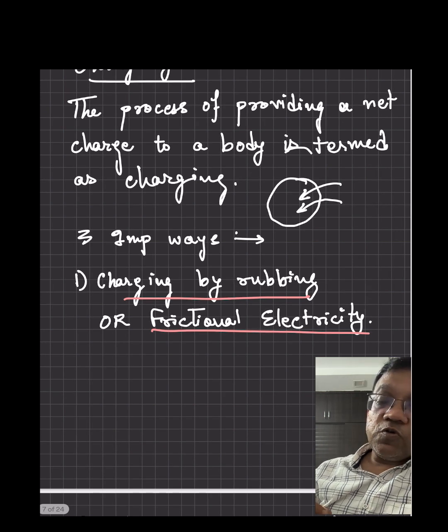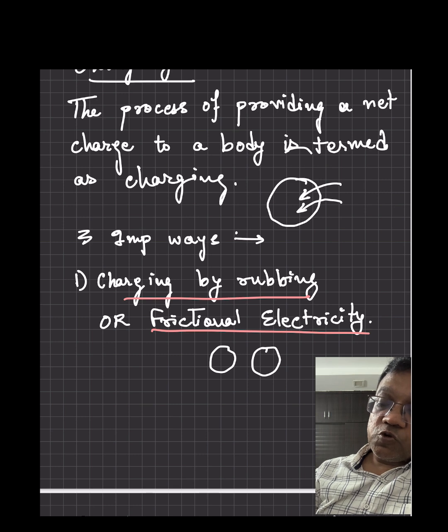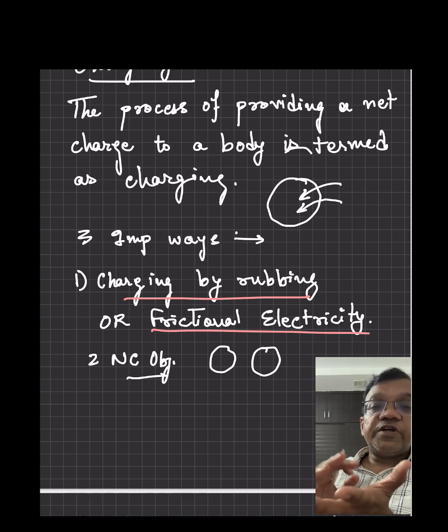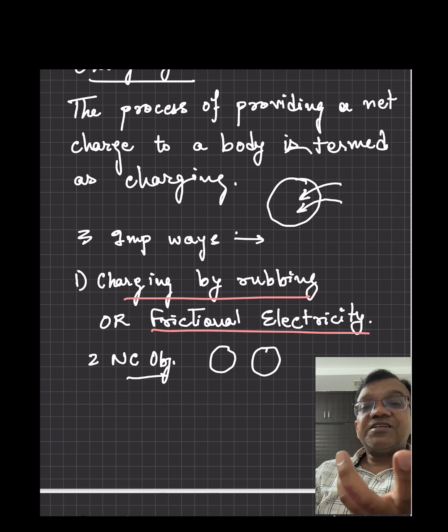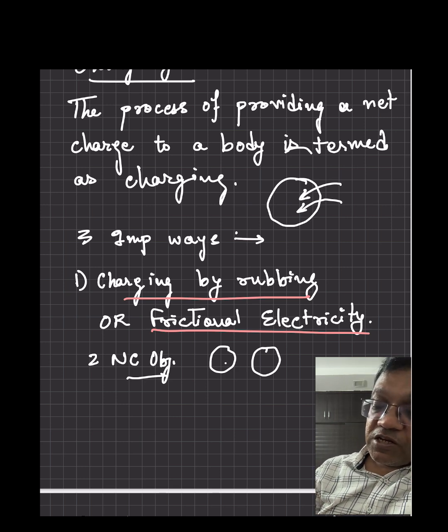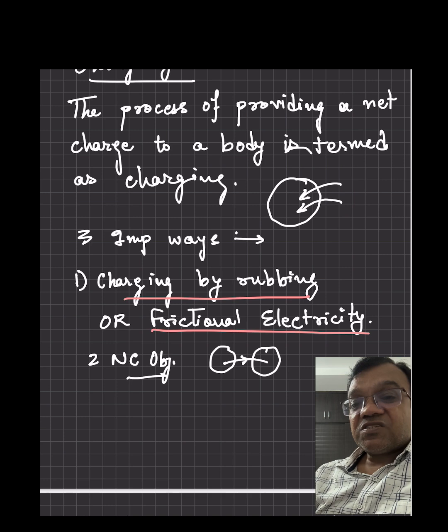In this, what we do is take two non-conducting objects and rub them against each other like this. Due to the friction, they will get heated up and their internal energy will increase. Because of this, one of the objects may transfer some of its electrons to the other object.